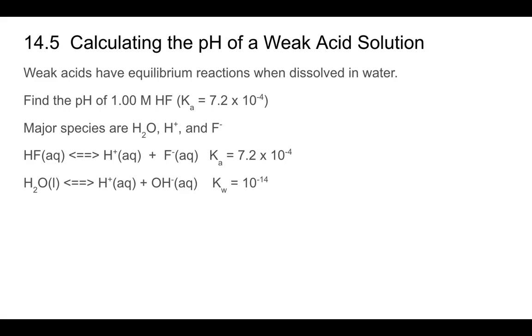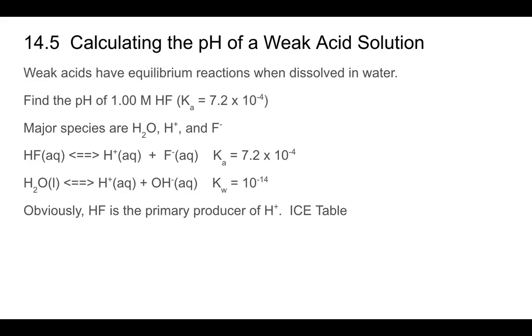So again, just like with strong acids, it looks like we can assume that the weak acid is the major contributor of H plus here. HF is the primary producer of H plus. However, we cannot assume that the 1 molar HF is now 1 molar H plus and 1 molar F minus. It is a weak acid, which means it's only partially ionized at equilibrium, so we need to make an ice table.